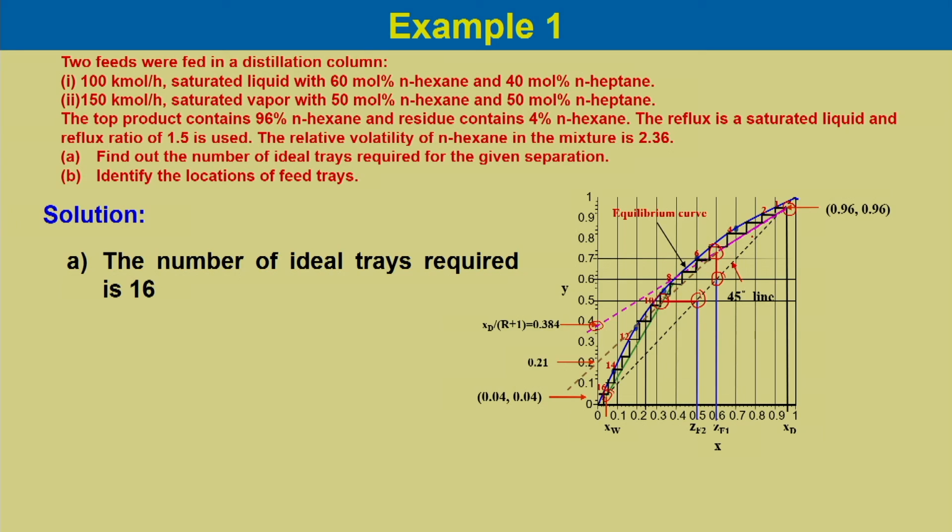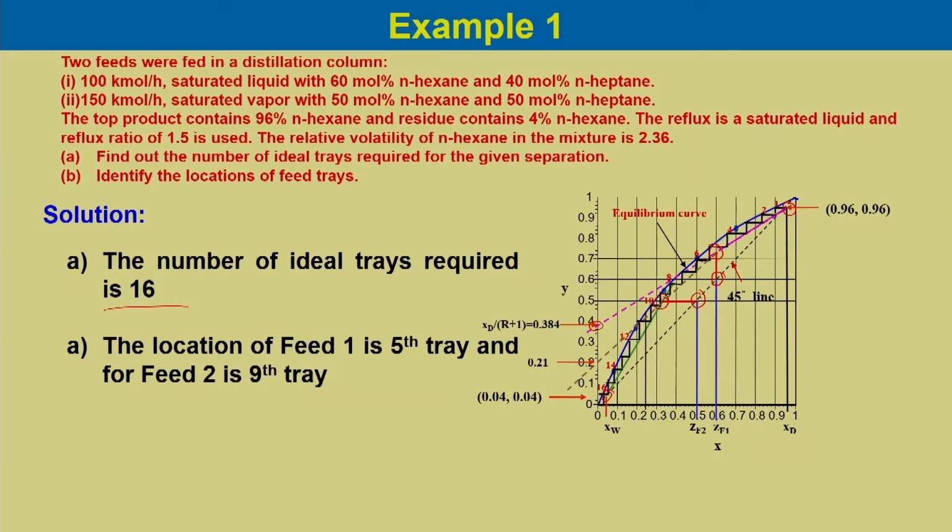Now, from this operating line starting from XD we can step off using the McCabe-Thiele method to calculate the ideal trays required for this separation, which is about 16 ideal trays.